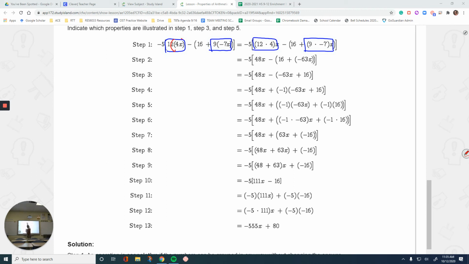Instead of surrounding 4 and x, they are surrounding 12 and 4. Instead of surrounding negative 7 and x, they are surrounding 9 and negative 7. This is called associative property. When you just move the parentheses around, that is called associative property of multiplication.